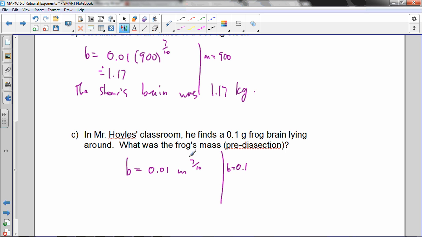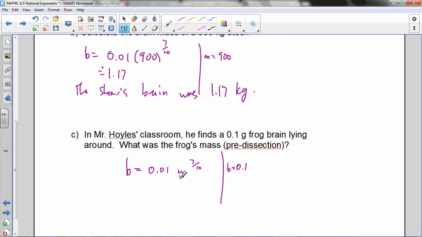So this is one of these ones where I could rearrange first and then substitute and evaluate, or I could substitute first and then rearrange. And this is completely up to you. What I'm going to do, just because I think the last one I substituted first, then rearranged, I'm going to rearrange first.